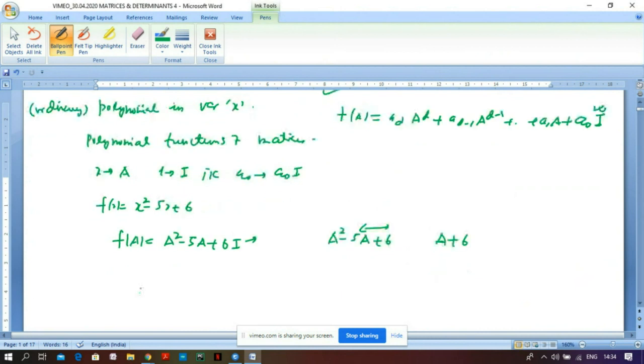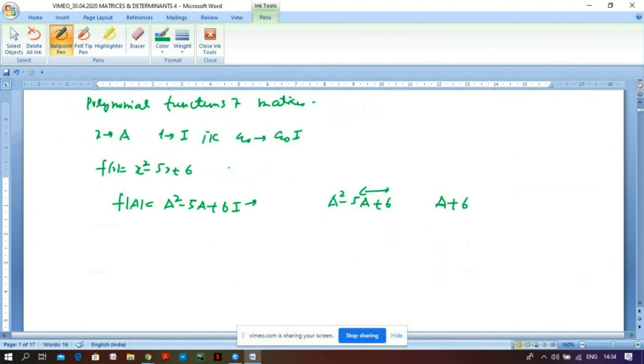Now, the moment we have defined it like this, we know that f of x is factorable as x minus 2 times x minus 3. Similarly, you have this f of A also factorizable, and we can write A minus 2I, so this 2 just gets replaced with 2I, and A minus 3I.